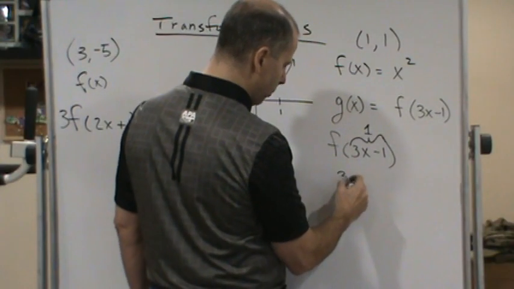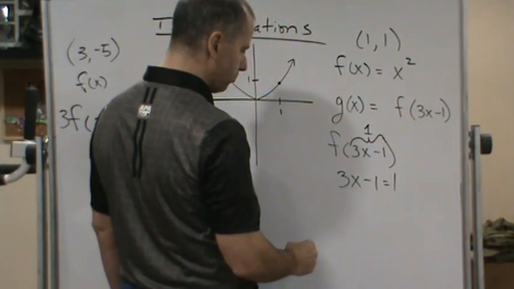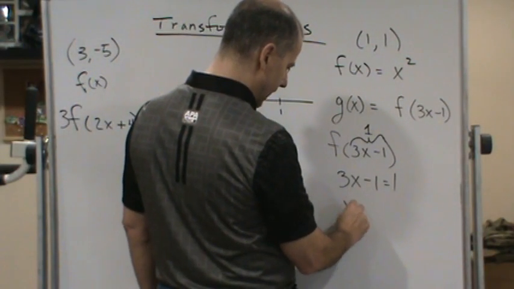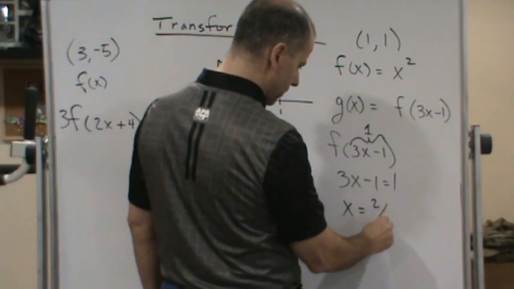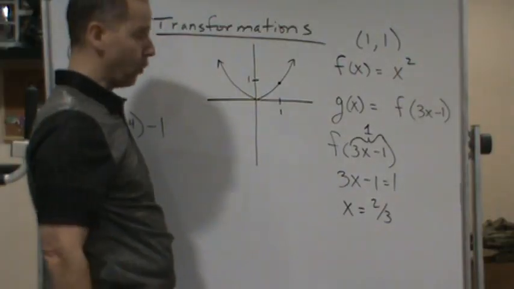All I have to do is set 3x minus 1 equal to 1 and solve. And so if I solve, I get x equals 2/3. And that's my new, transformed coordinate.